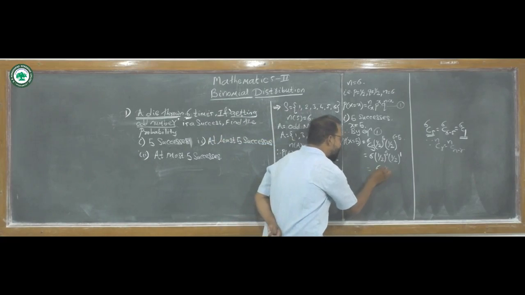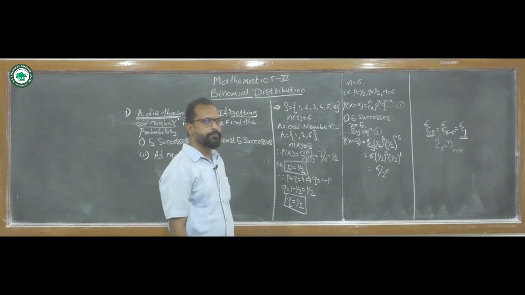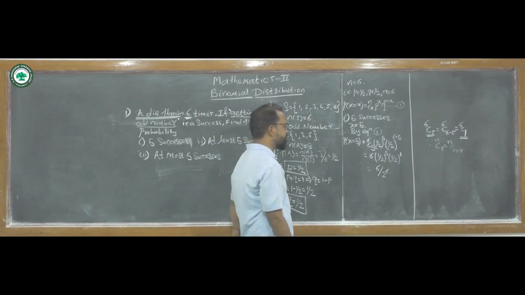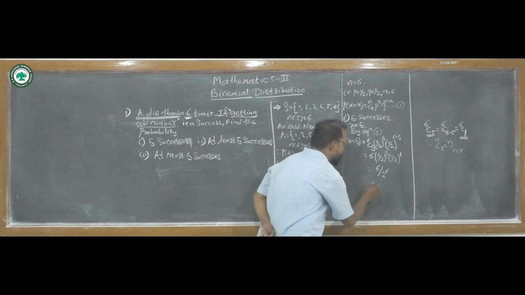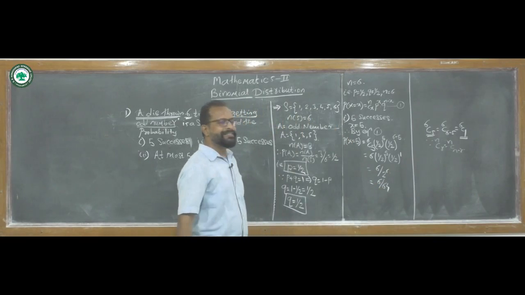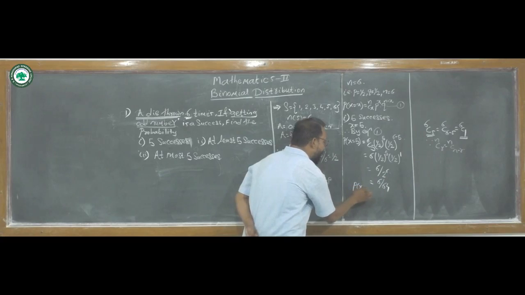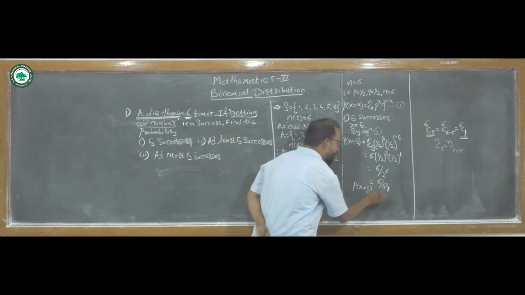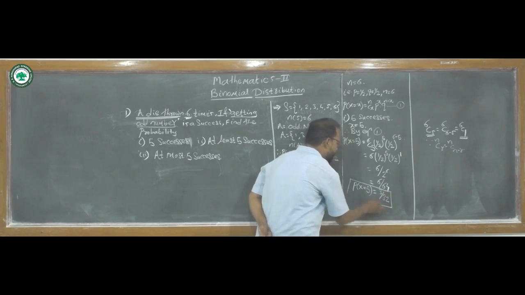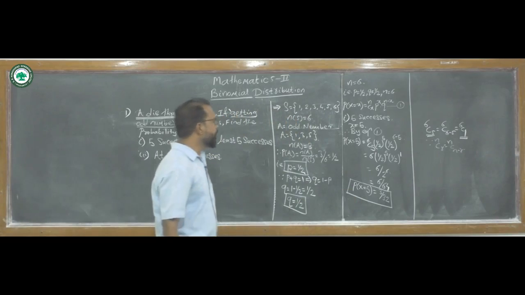Now this becomes 6 upon 2 raised to 6 by using the law of indices. Now 2 raised to 6 is 64. Dividing by 2, we get probability of X equals 5 is 3 upon 32. We get the probability of getting 5 successes is 3 upon 32.